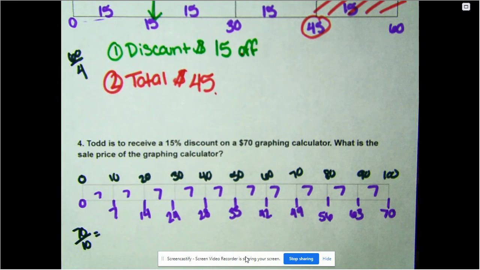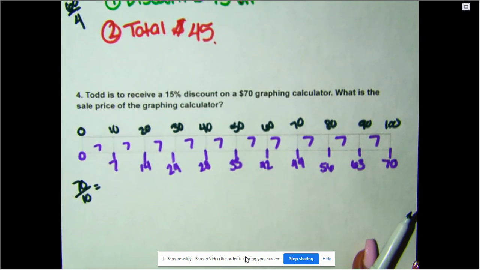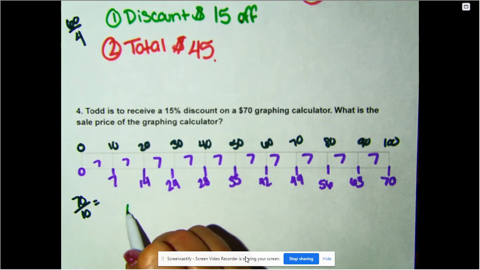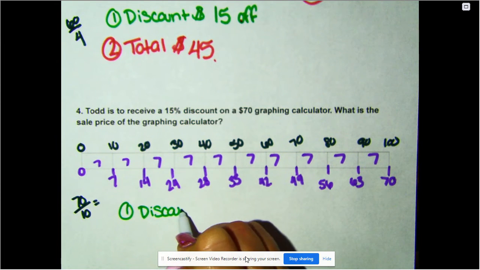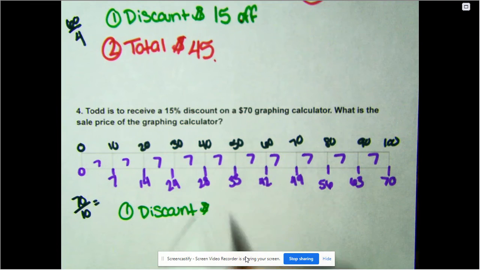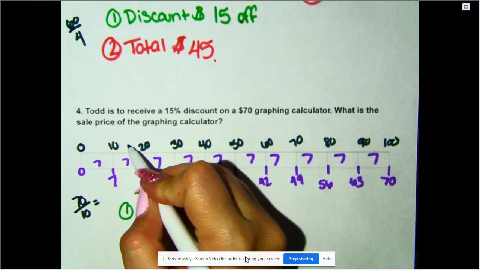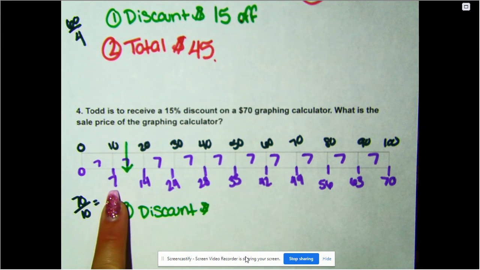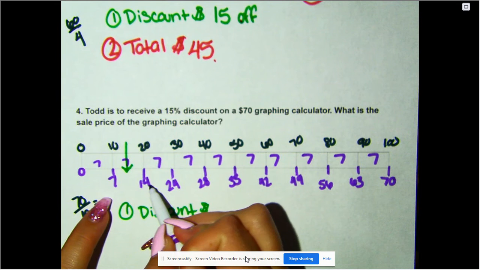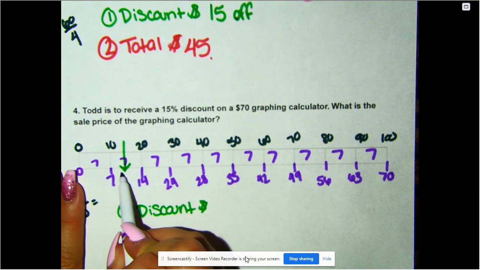Okay, so again, your first task is to find the discount amount. So we know that 15% is being taken out. So how much is the discount? So 15% would fall right here between 10 and 20, which means it's going to be between 7 and 14. So an easier way to figure out the halfway mark in between these two numbers, because again, we got stuck on this one.